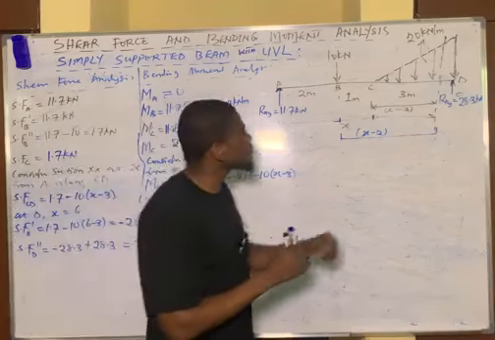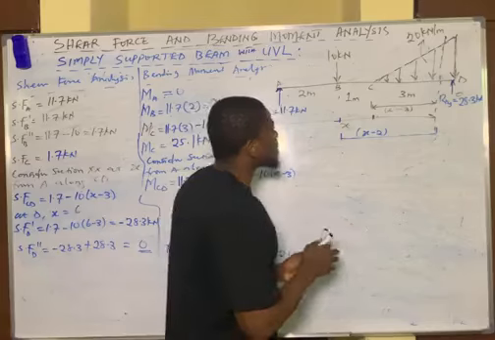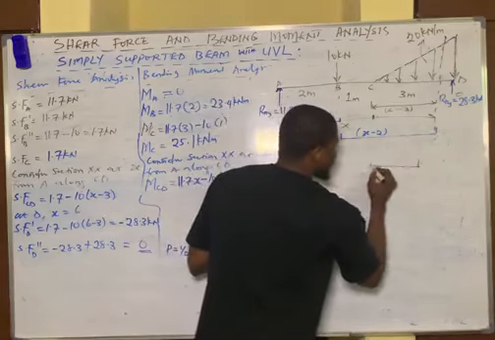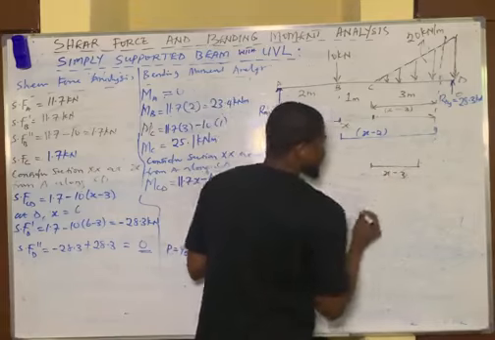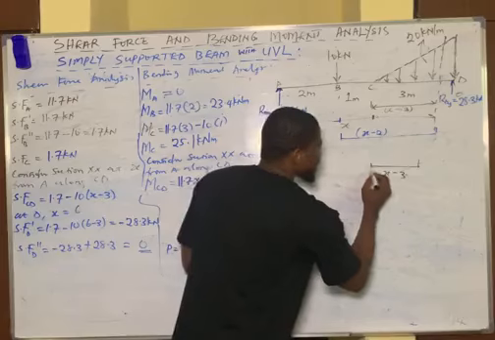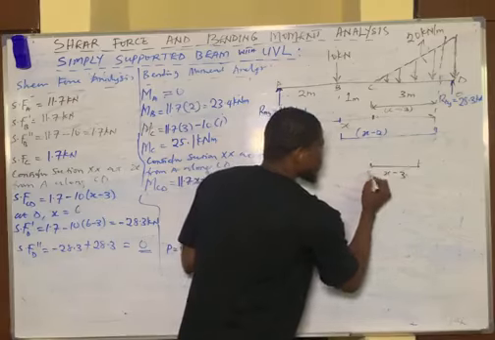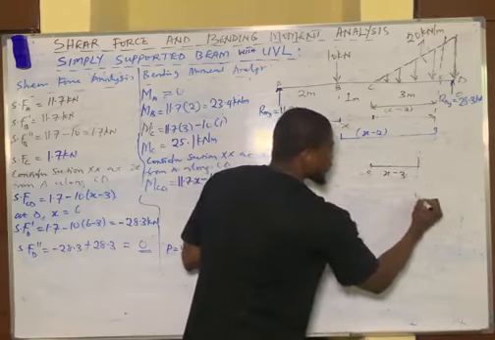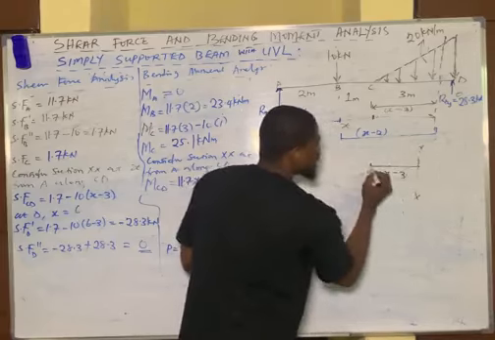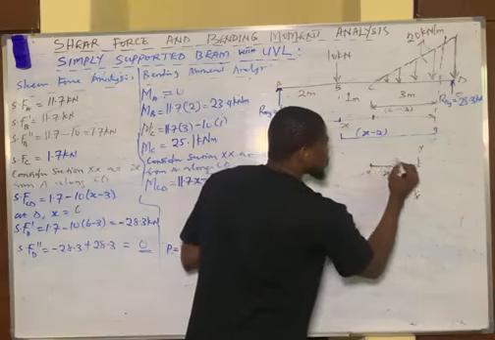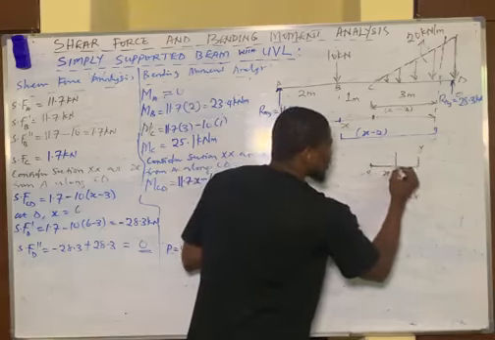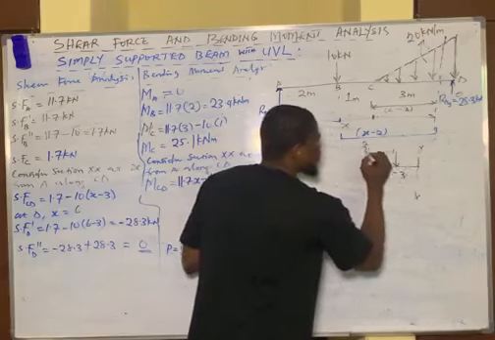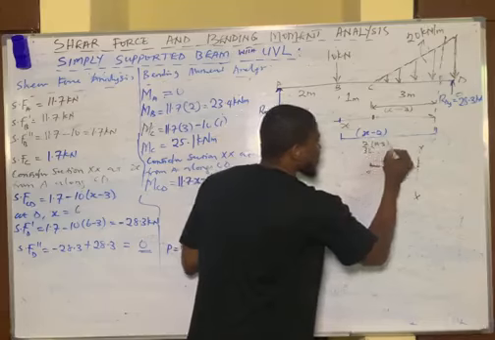Now let's say this is our UVL about the point of section, which is x minus 3. From 2/3, which starts at point C, the tip, 2/3 becomes somewhere around here. This is our point of section, not forgetting X. So from here to this point becomes 2 over 3 of the length x minus 3.